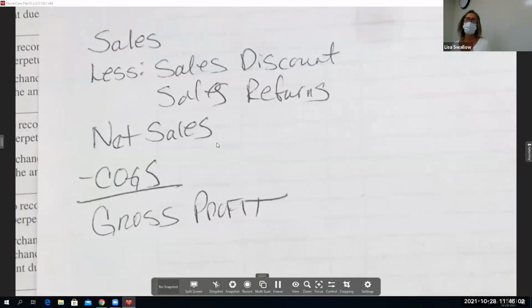Okay, here's the scoop. So the top of your income statement always looks like this now. You didn't have that in a service company because there were no discounts or returns. I sold you an hour of my time, you paid me for it, right? Memorize this model.